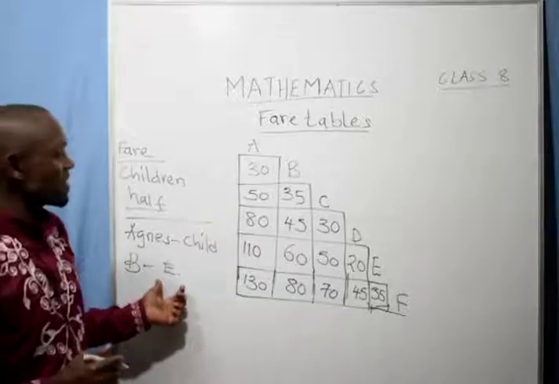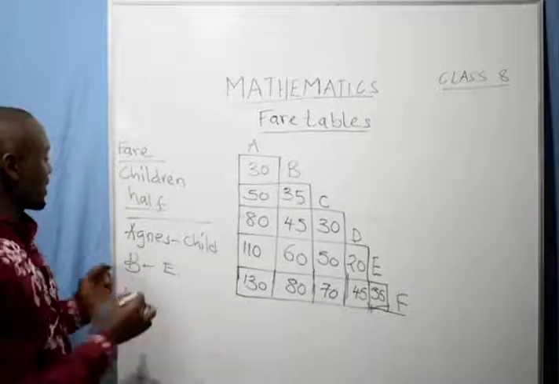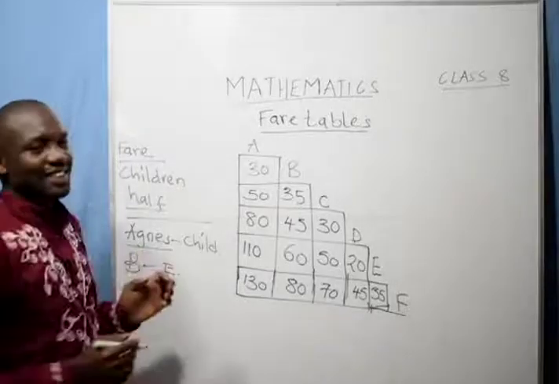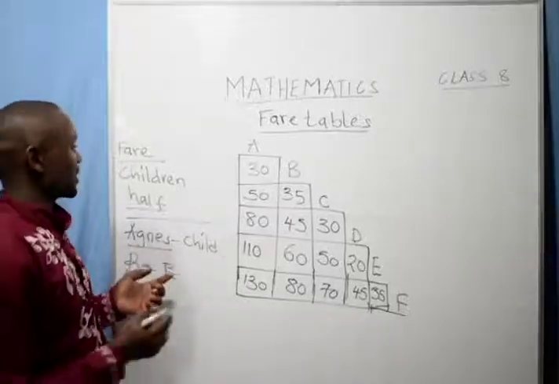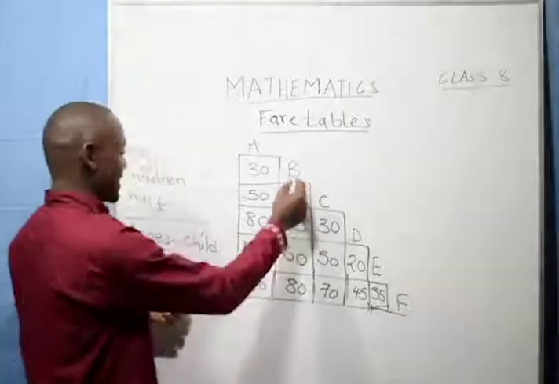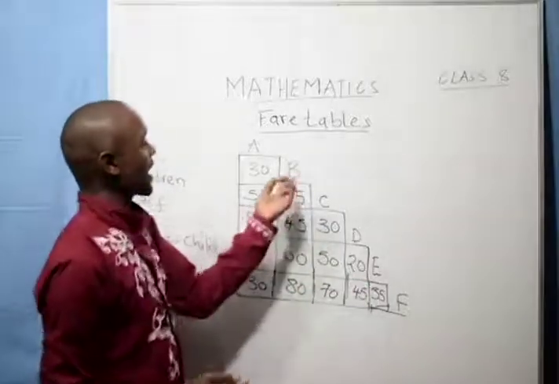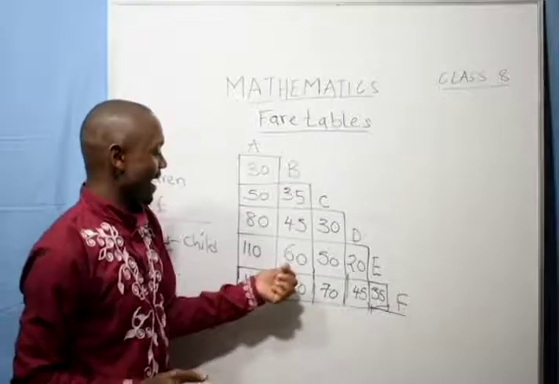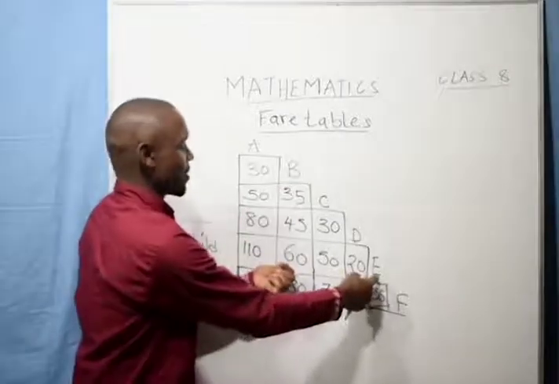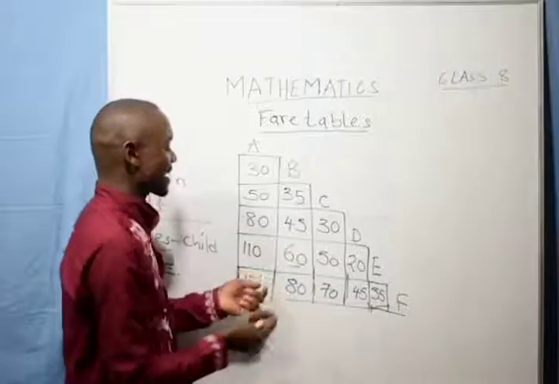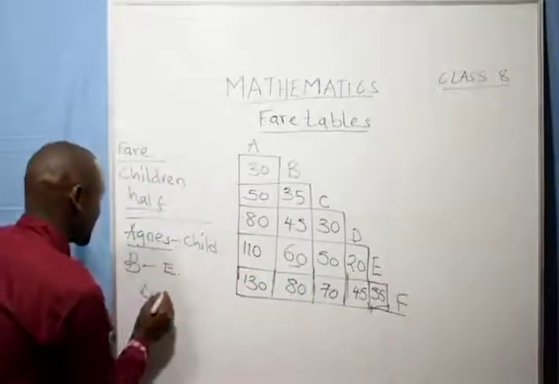So to get the amount of money they are going to pay, we calculate the amount of money that Agnes is to be charged from town B to town E. How much will she pay? We start at town B, draw a line and another horizontal line. So Agnes is going to pay 60 shillings.